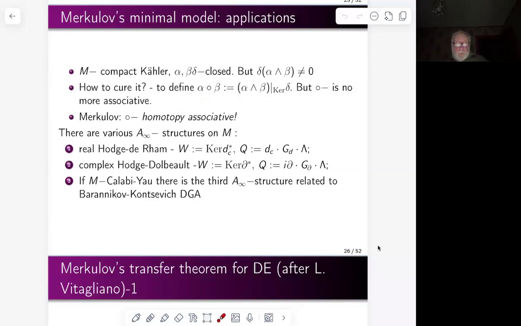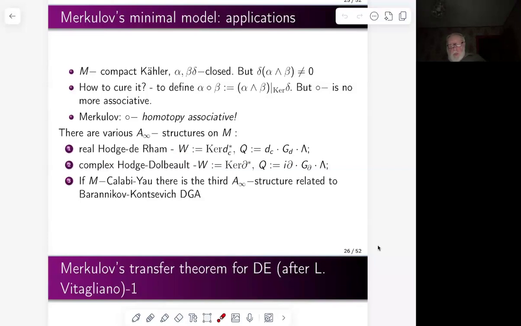And it is important what Merkulov discovered, that there are various A infinity structures on a compact Kähler complex manifold. Namely, if you have real Hodge de Rham, then you can take as assumption data a subspace W, the subspace given by the kernel of the d^c operator.